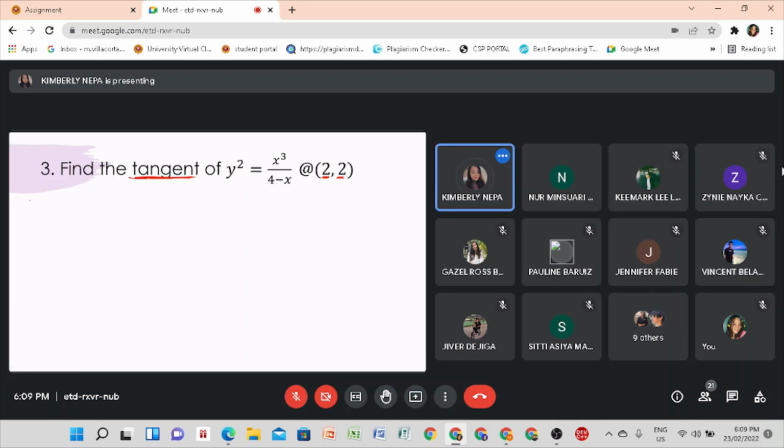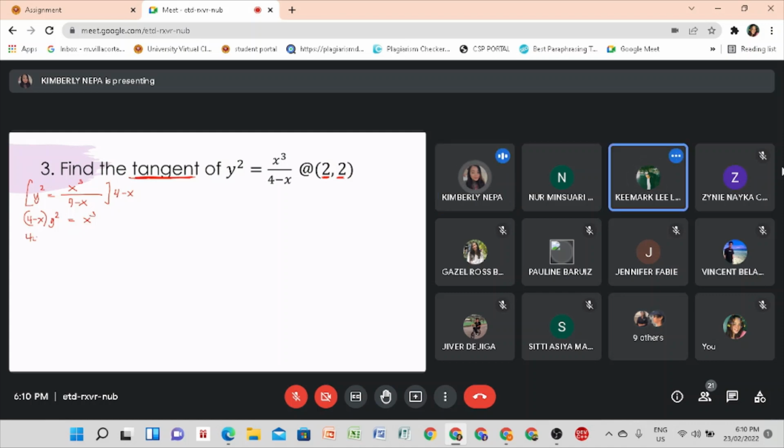Sige. Let's have y squared is equivalent to, let's follow that. x cubed over 4 minus x. So multiply both sides by the denominator, 4 minus x, so we don't have to use the quotient rule or radicals. So this becomes 4 minus x times y squared is equivalent to x cubed, correct? Yes po.